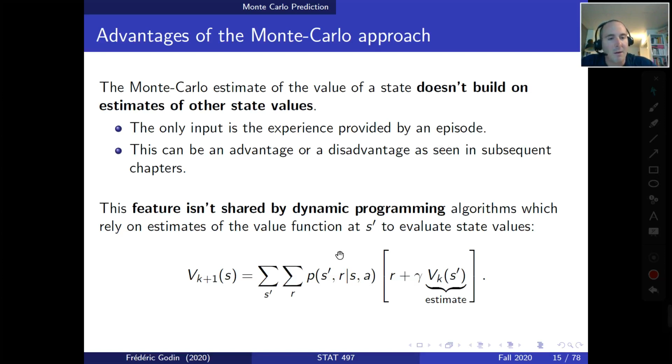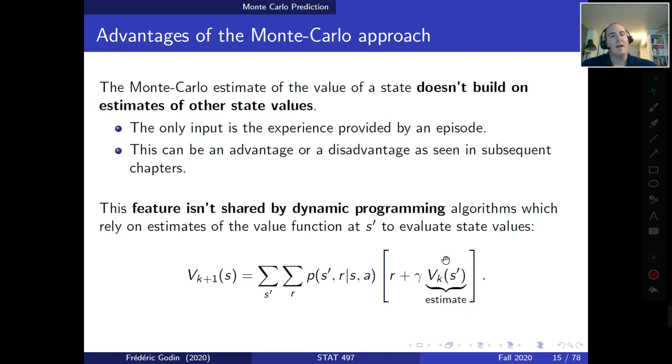So for example, in policy evaluation, let's go back to this formula we've considered earlier. Here, the estimated value of the state S is obtained by summing across all next states and rewards the transition probability times the reward plus the discount factor times the estimated value of the next state.